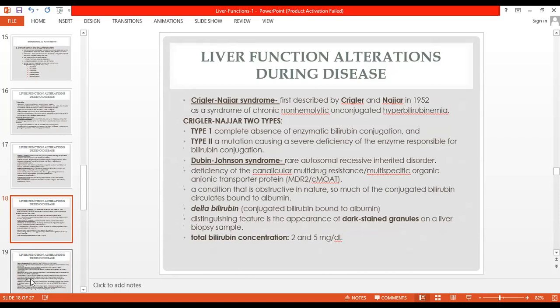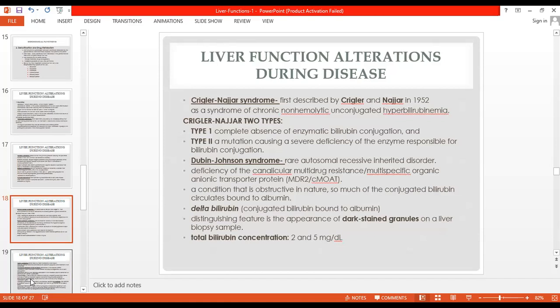Next is Crigler-Najjar syndrome. Crigler-Najjar syndrome was first described by Crigler and Najjar in 1952 as a syndrome of chronic non-hemolytic unconjugated hyperbilirubinemia. Crigler-Najjar syndrome, like Gilbert syndrome, is an inherited disorder of bilirubin metabolism resulting from a molecular defect within the gene involved with bilirubin conjugation.